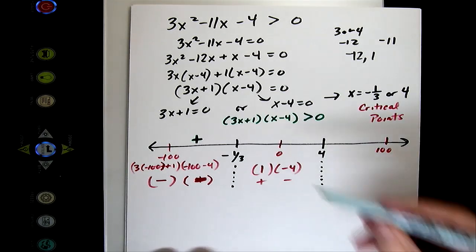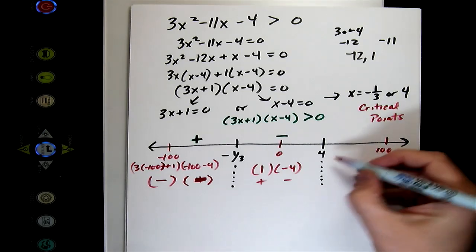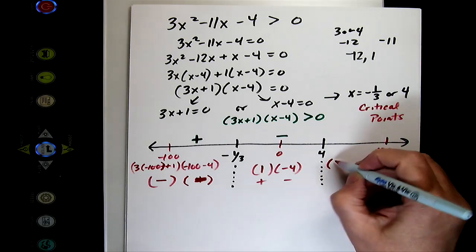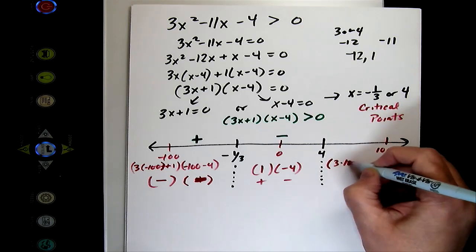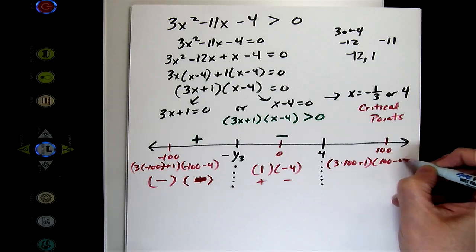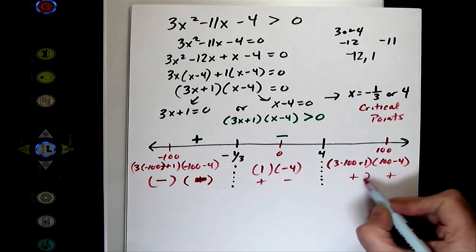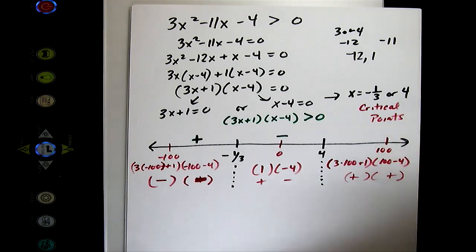The middle region is negative. And if I plug in the 100 over here, I've got 3 times 100 plus 1 and 100 minus 4. These parentheses are both positive. So this region is positive.